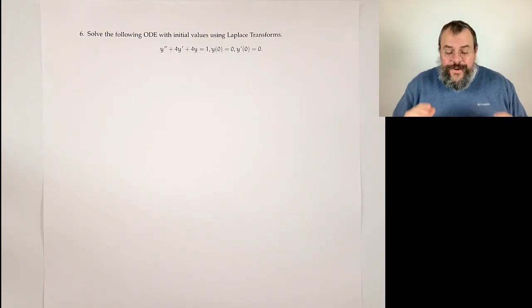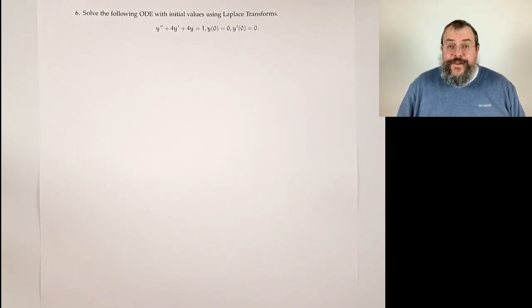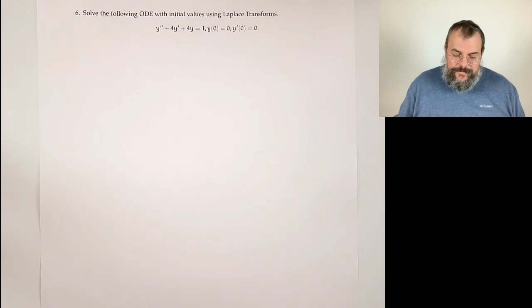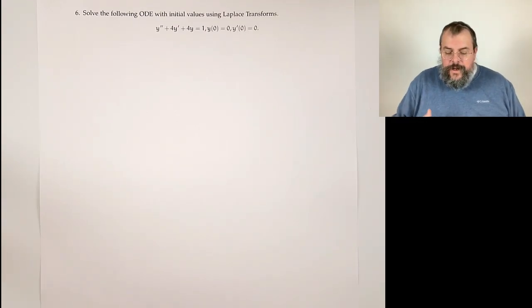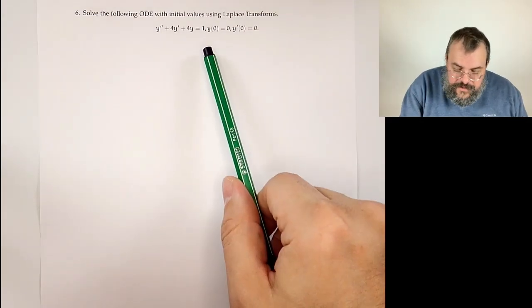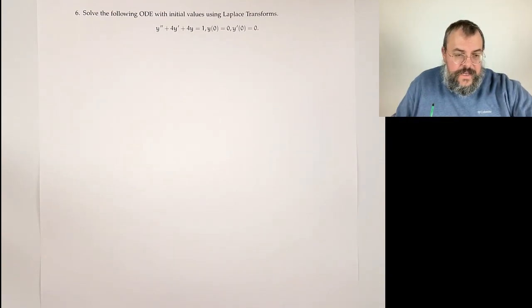Solve the following ODE, ordinary differential equation, with initial values using Laplace transforms. Of course, if you use Laplace transforms, you have to have initial values. It's built into it. So y double prime plus 4y prime plus 4y equals 1, and y of 0 equals 0, y prime of 0 equals 0.